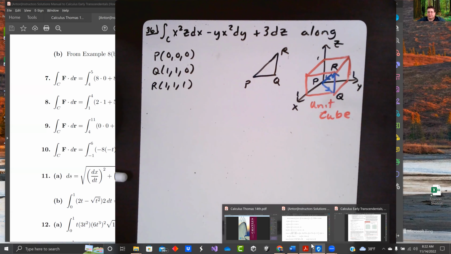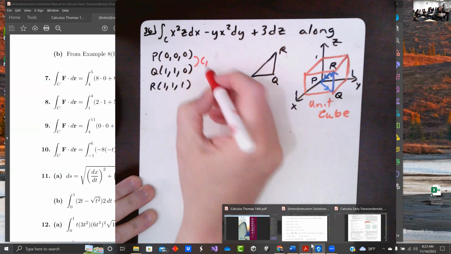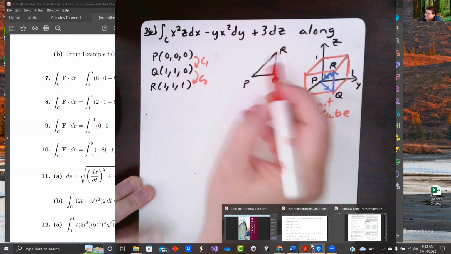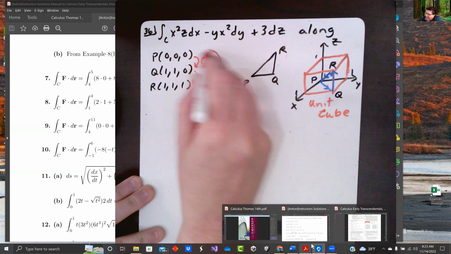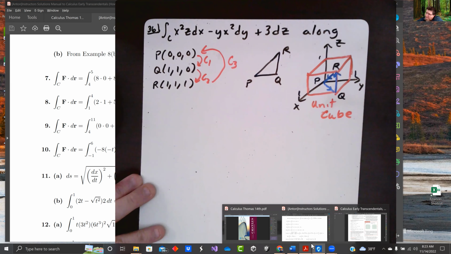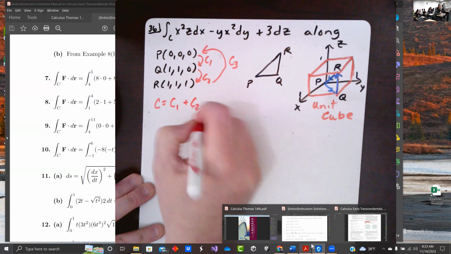So we're effectively making a closed loop. So if I call going from here to here curve 1, and here to here curve 2, and then from R to P, let's call that curve 3, I can treat my curve as 3 pieces.